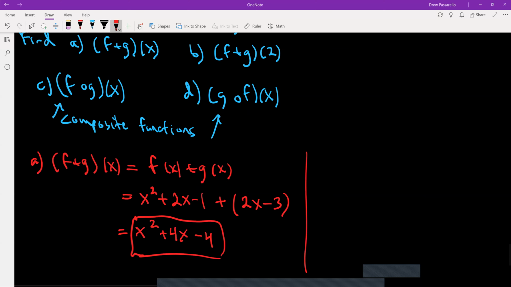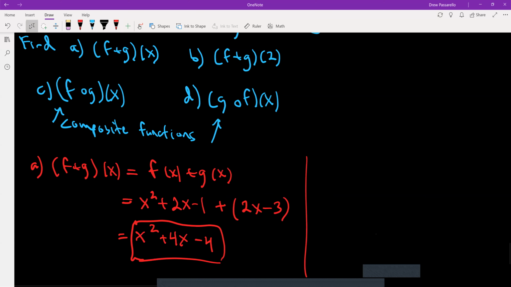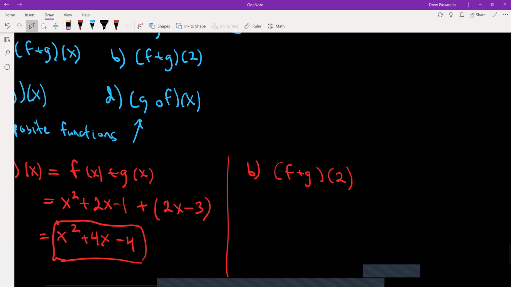Now part B, you're doing the same thing, except it just wants it when you plug in 2. Well, I can use my result from part A to do this. So I know f plus g gives me x squared plus 4x minus 4. So all I've got to do is plug 2 in for x.